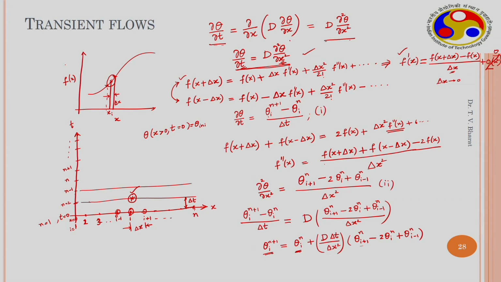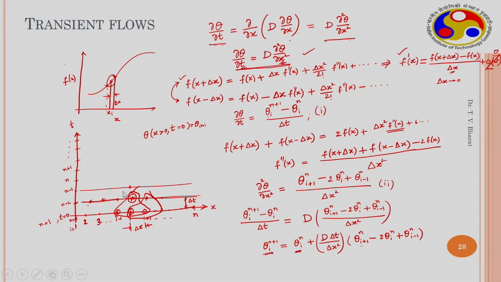So, essentially for any small delta time increment, how theta distributes along the spatial domain can be obtained. At the next time level, similarly for this particular point you utilize these 3 points, for this particular point theta I plus 1, theta I plus 2, you utilize these 3 known points. Similarly, you can obtain all points on this n equal to 2 level. Then once you obtain all these values, you increase the next time increment, and again this point can be obtained by utilizing these 3 known points.